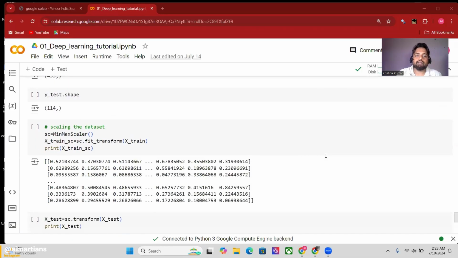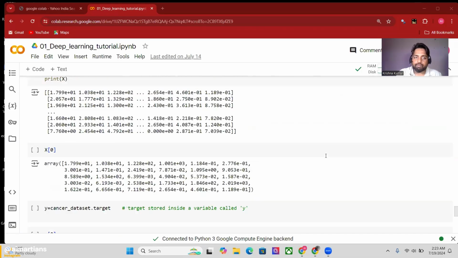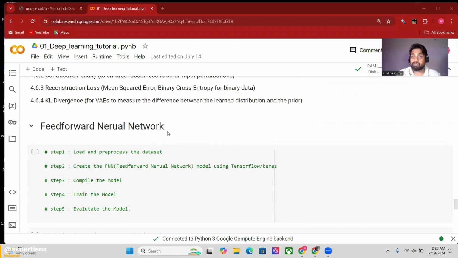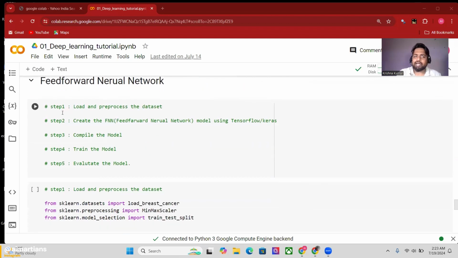So guys, last time we were talking about this feed forward neural network, which is again an artificial neural network. It's just a name, feed forward neural network, but this is an artificial neural network. Here I followed 5 steps. The first step is load and pre-process the data. The second is create the FNN model using TensorFlow and Keras.